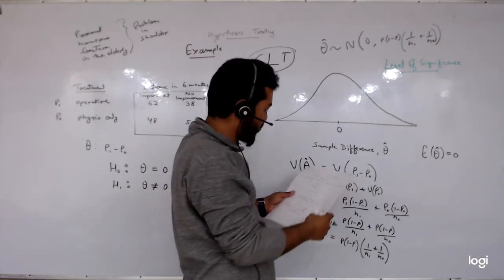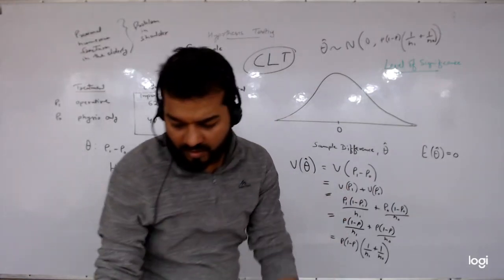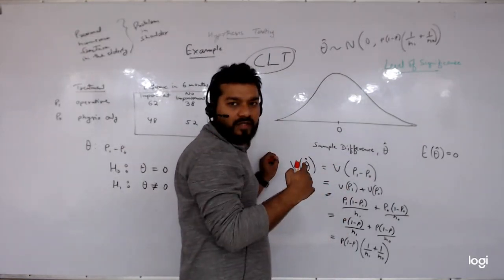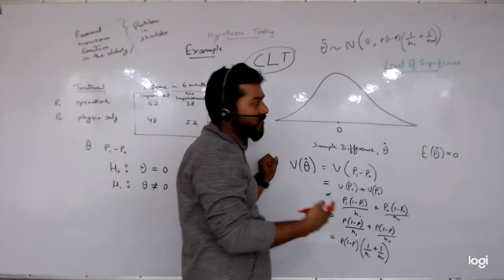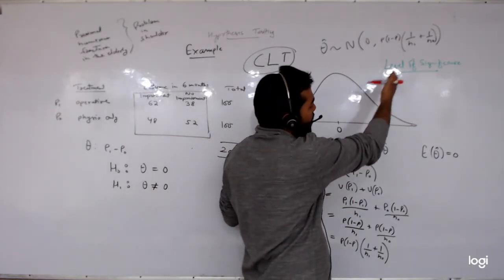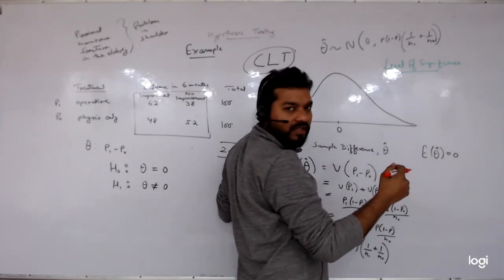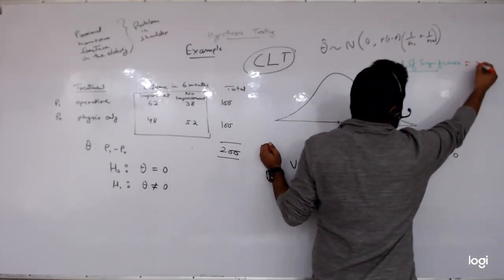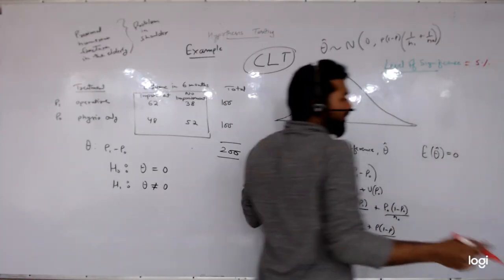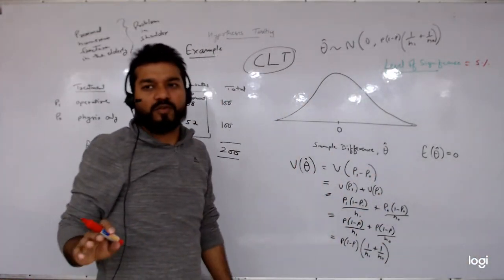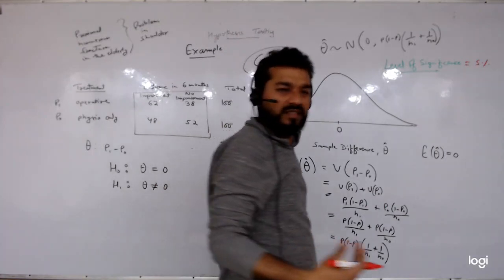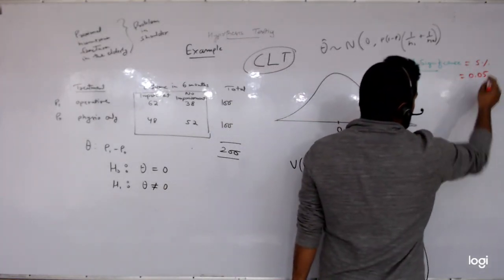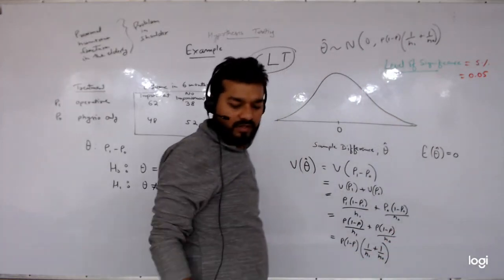Now what we need to select, the aim here is to select critical value. And where do we get our critical values from? We get our critical values from level of significance. Okay, and statisticians love this to be 5%. There is no reason at all why this should be 5%. It's just a practice that we've gotten used to. Okay, in terms of ratio, this would be 0.05.